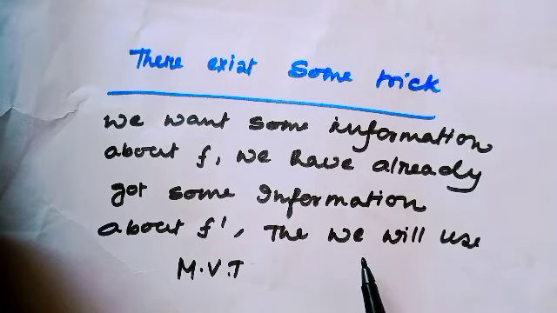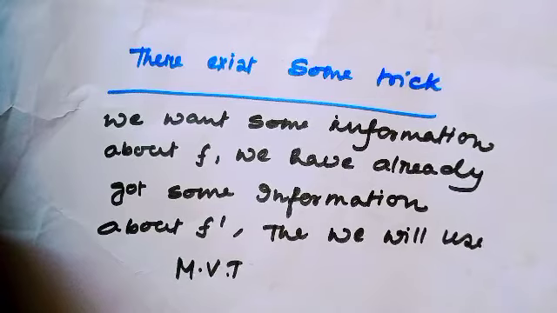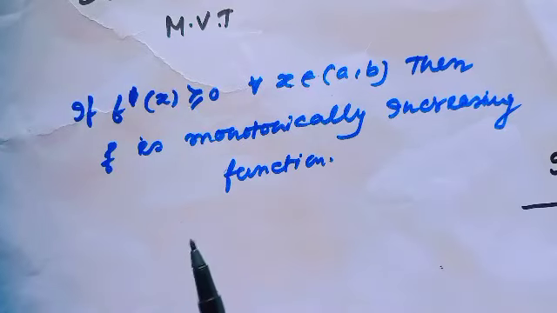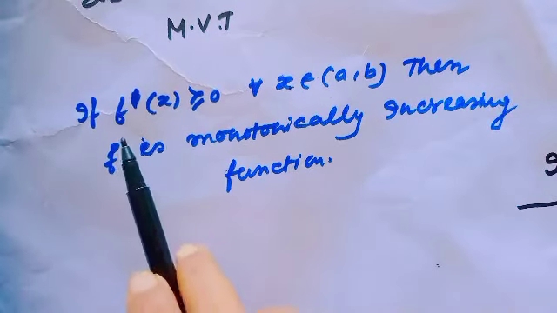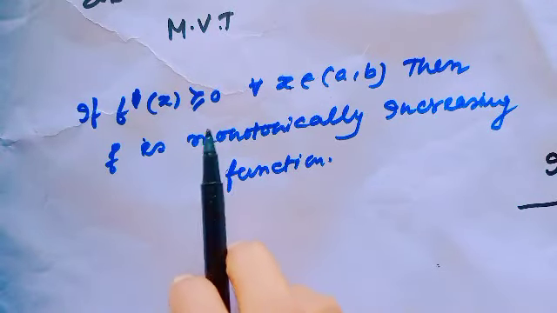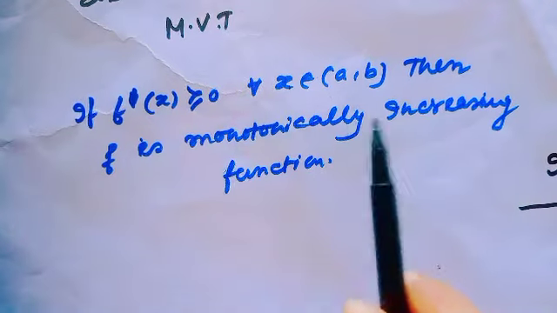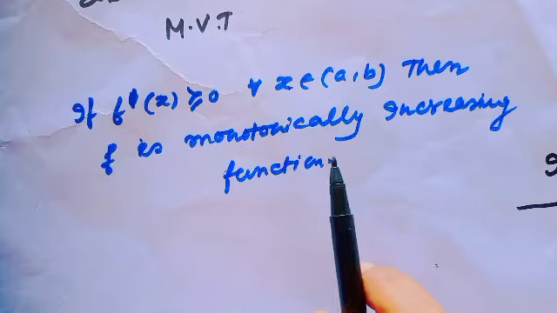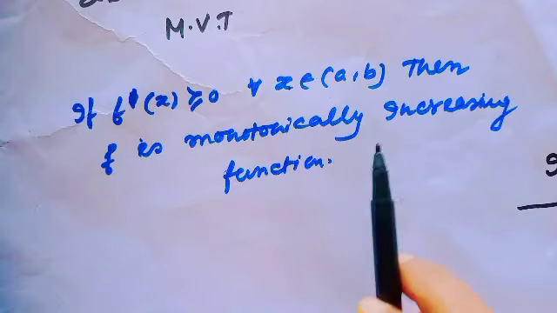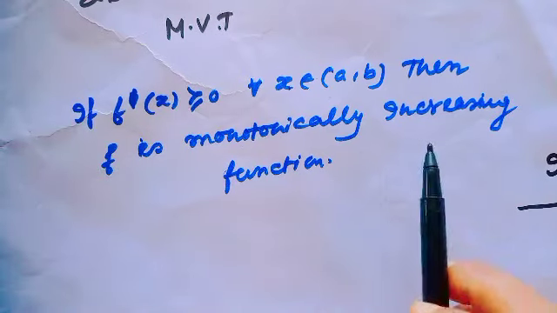Then the trick is here we will use mean value theorem. Okay. For example, consider this function. Here given if f prime x greater than or equal to 0 for all x belongs to (a, b), then that implies f is a monotonically increasing function.